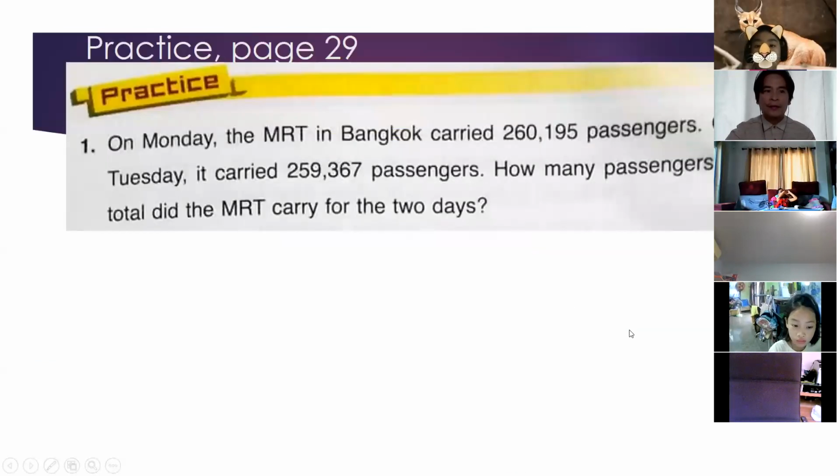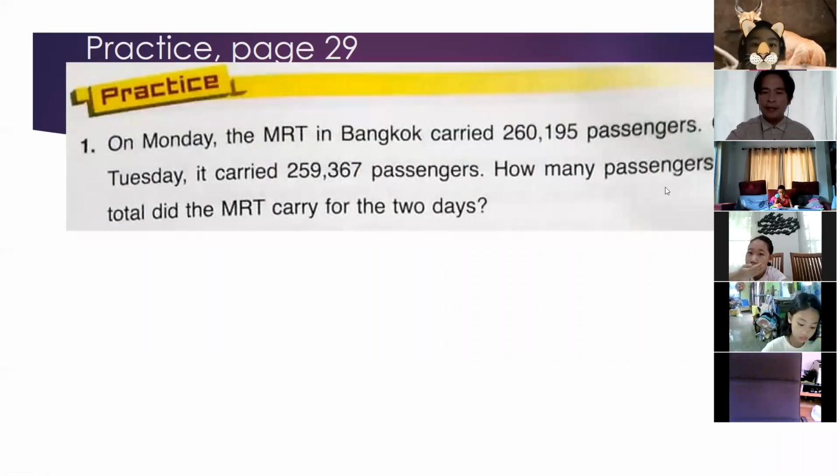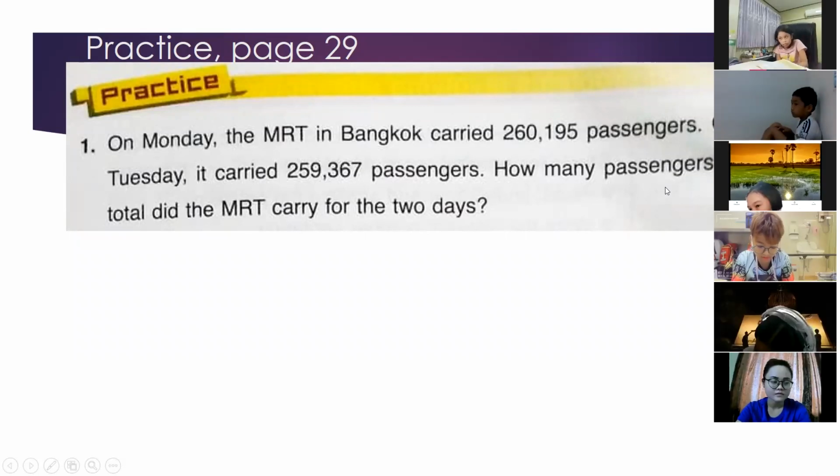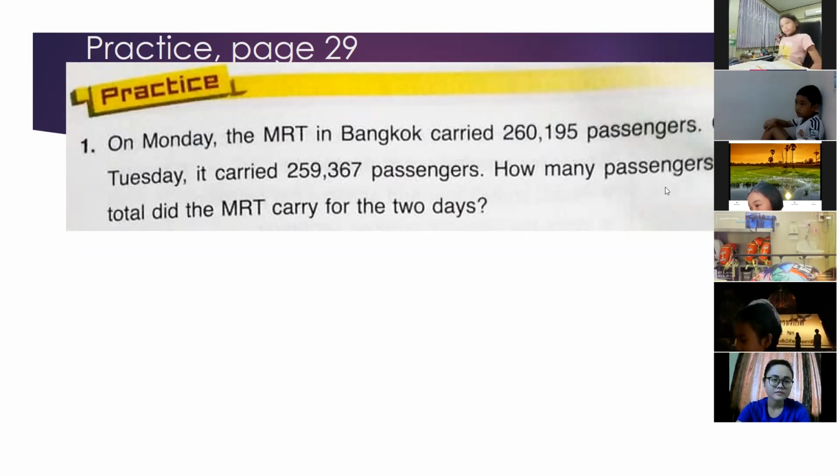Okay. On page 28, M, would you like to read number 1? Yes. Please read. Okay, you have to read now. 1, 2, 3, go. On Monday, the MRT in Bangkok carries 260,195 passengers.